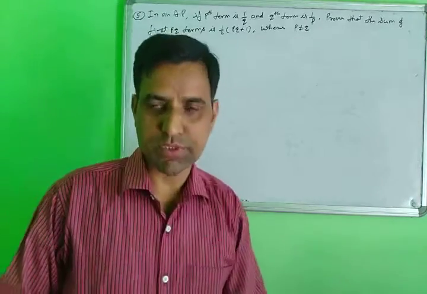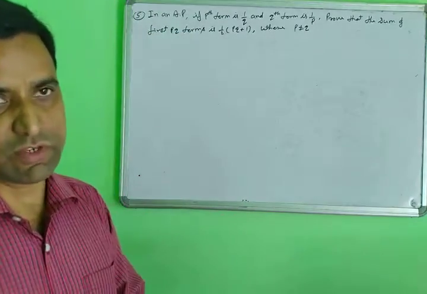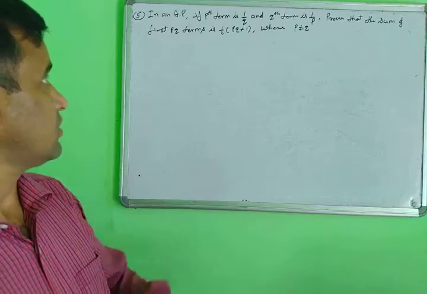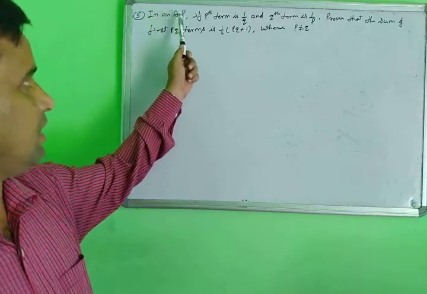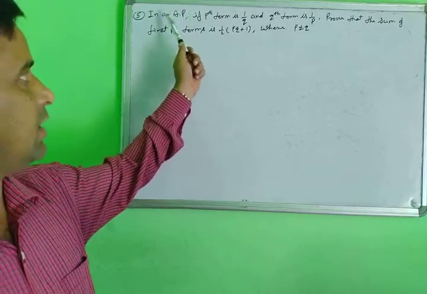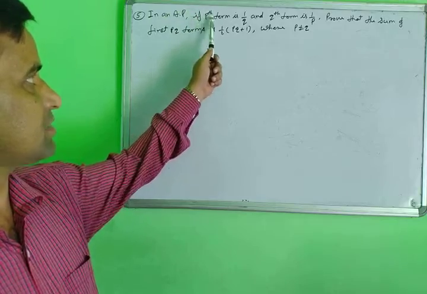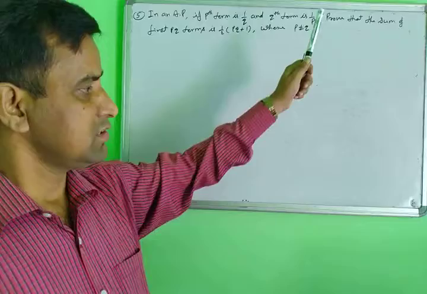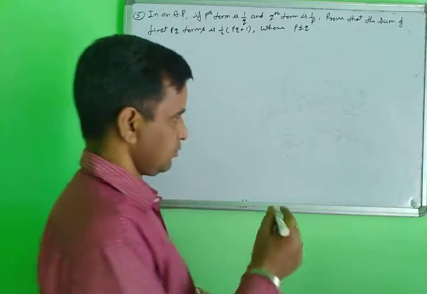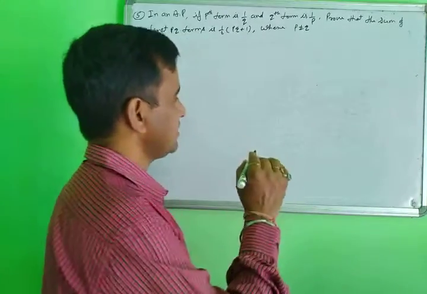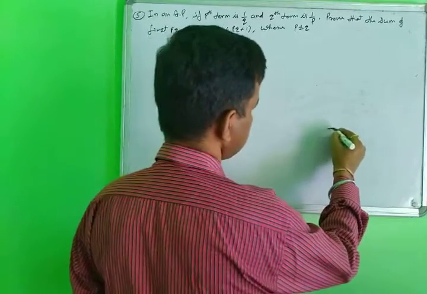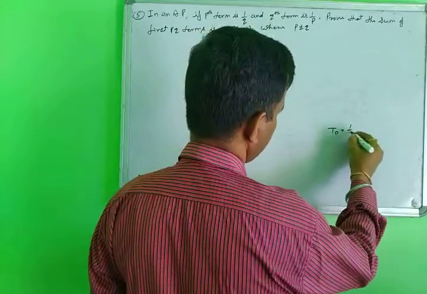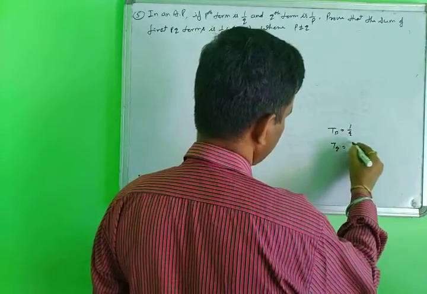Yes class, next I am taking question number 5. This is a very important question. In an AP, the pth term is 1 upon q and the qth term is 1 upon p. Suppose in any AP, Tp equal to 1 upon q and Tq equal to 1 upon p.